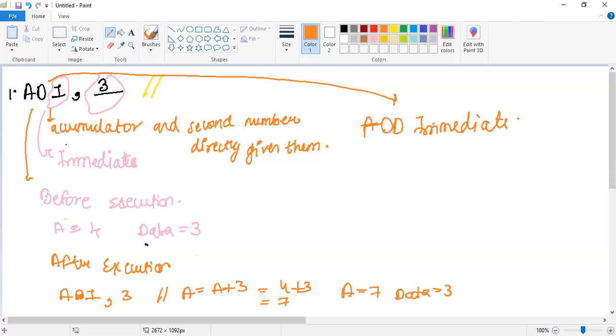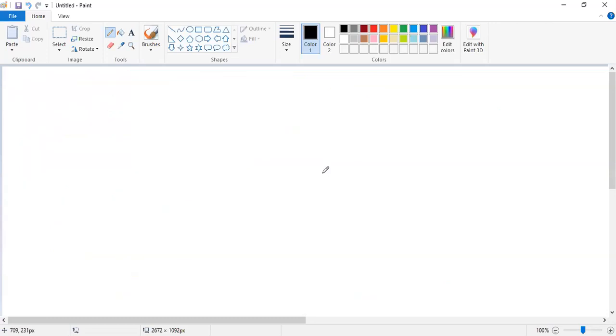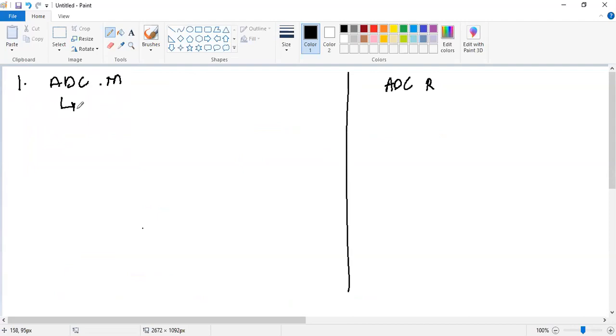Now there is one more type, which is ADC. ADC, either it will be M or R. M means memory, and R means your register. First of all, we should understand the full form of this instruction, then it will be easy.